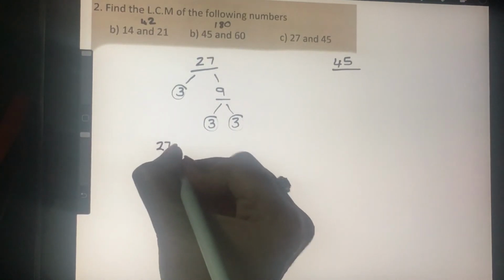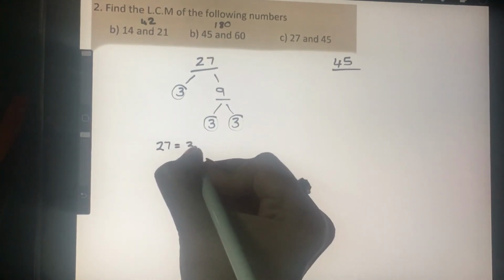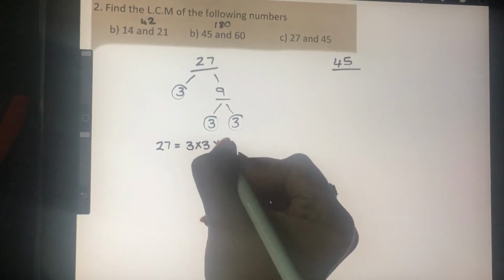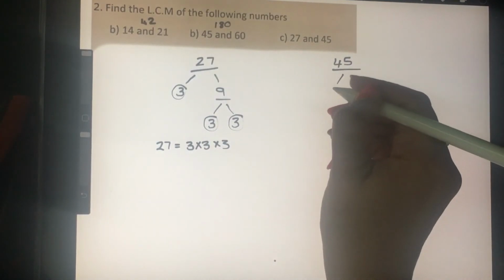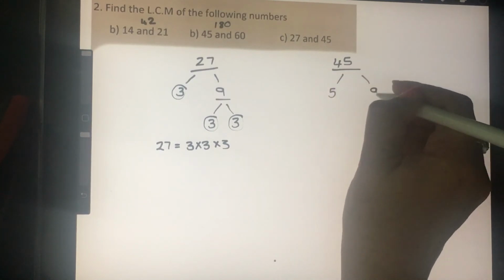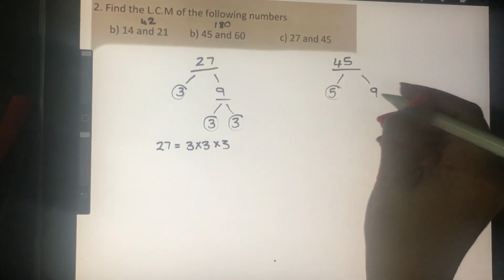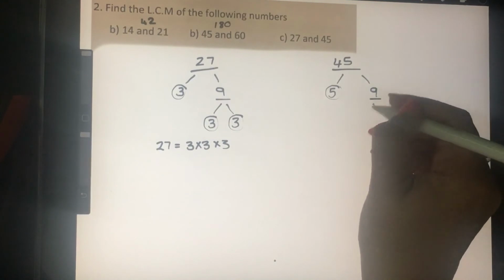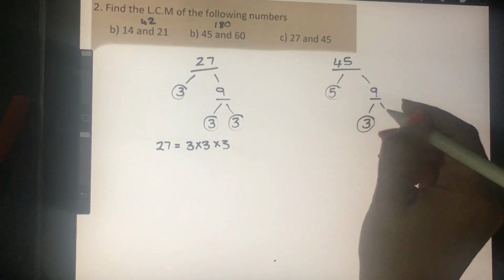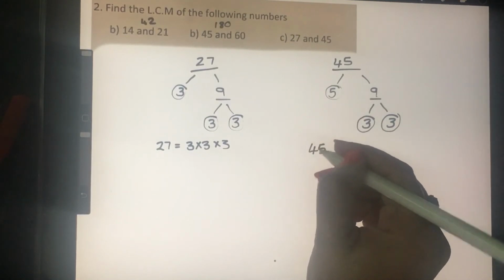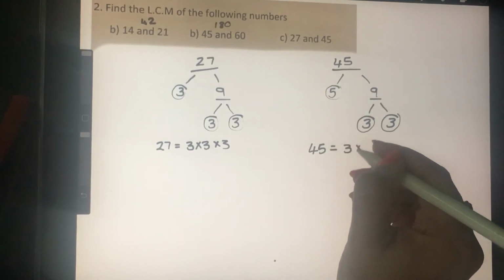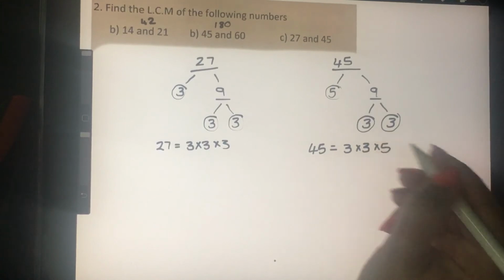So the prime factor decomposition of 27 is 3 times 3 times 3. Then 45 we break up into 5 times 9. 5 is a prime number, 9 is not, so we can break it up further into 3 times 3, both prime numbers. So the prime factor decomposition of 45 is 3 times 3 times 5.